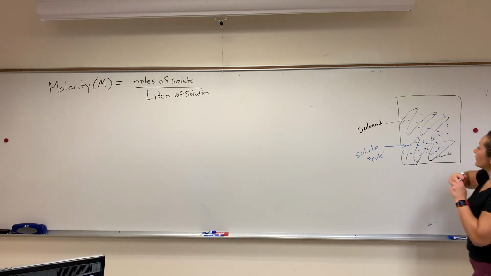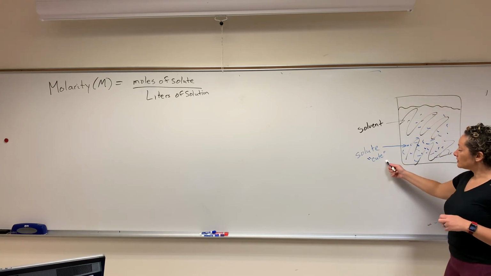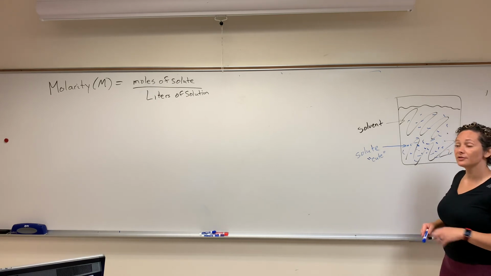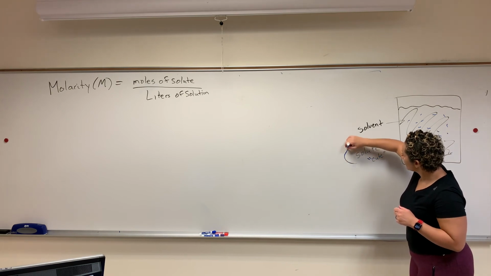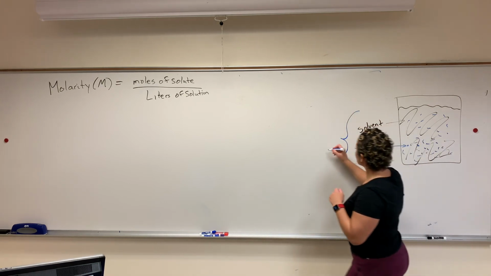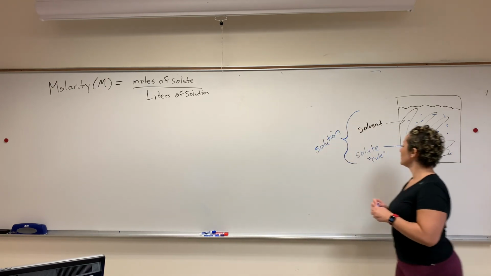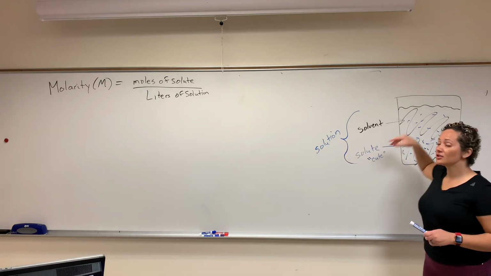So put it together. We'll go ahead and top them up. The solute dissolved in the solvent is termed the solution. So I can't do it over there. Solution. The solute, the dissolving liquid, the solvent, is the solution to the whole problem.